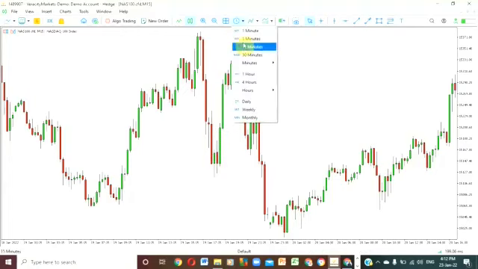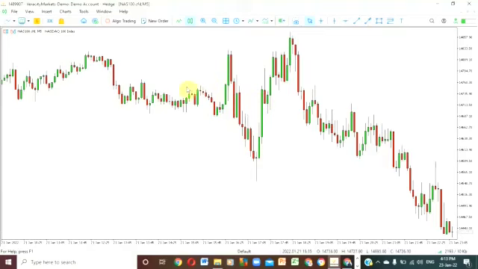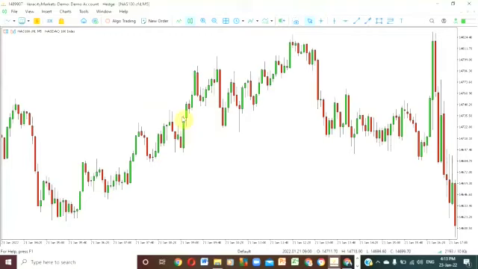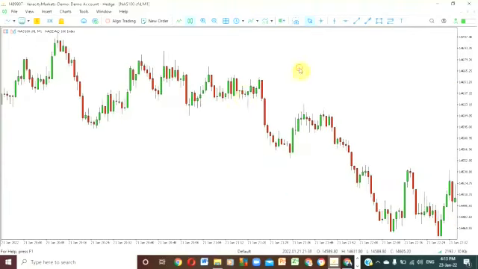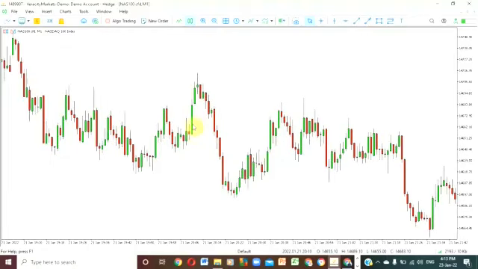And then we're going to go down to the 5-minute time frame. As you can see, in the 5-minute time frame, there are even more candlesticks. So as you can see, each candlestick represents 5 minutes of movement within 1 trading day. And then the lowest time frame we can use, which is the 1-minute time frame, has the most candlesticks because each candlestick represents 1 minute of trading within a trading day.